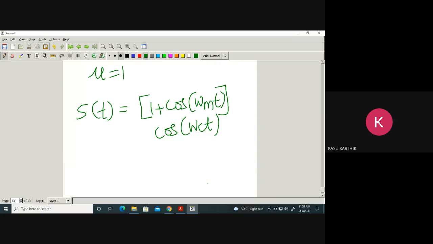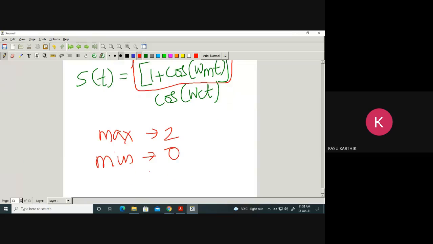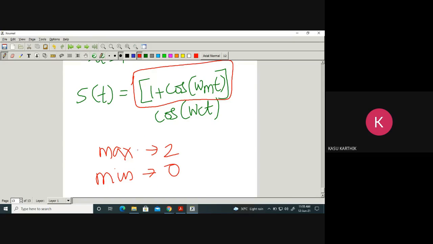So what is the amplitude of this signal? What would the maximum amplitude be? What is the maximum value of cos omega mt? 1. 1 plus 1, 2. Minimum? 0. Minimum 0. That's it, right? So it is always positive, I mean, it's always non-negative at least.